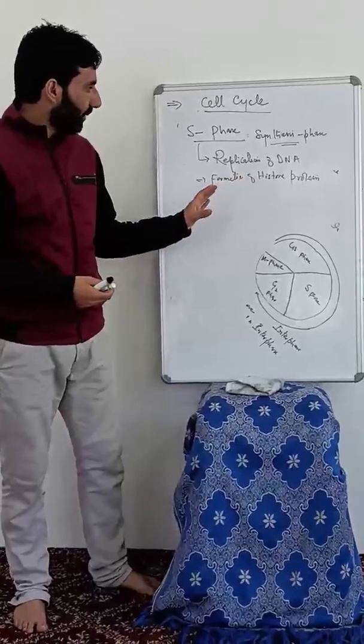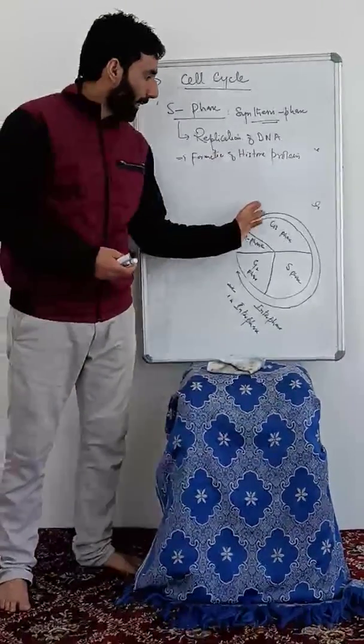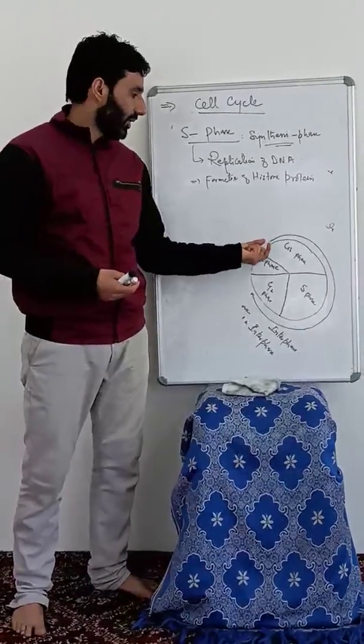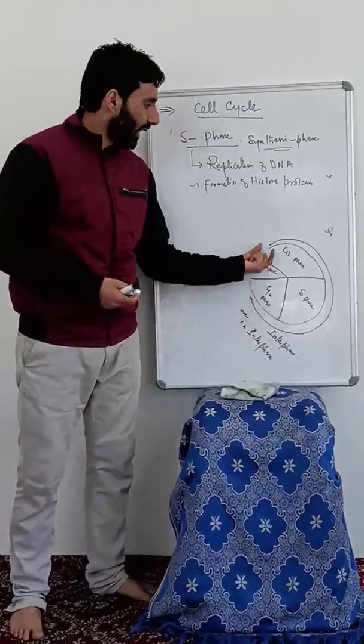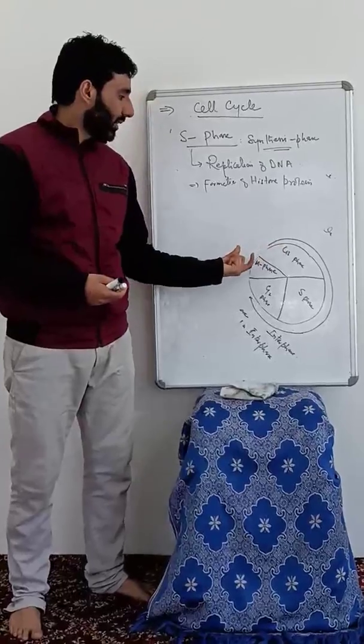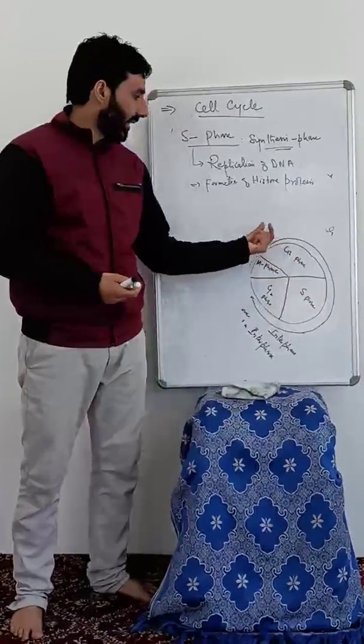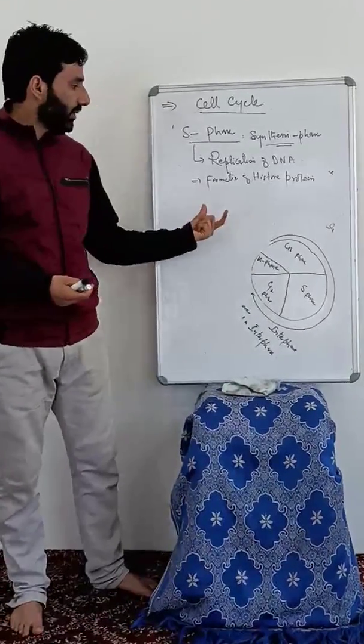So here we have studied the first phase of the cell cycle, that's interphase, which has three subphases: G1 phase, S phase, and G2 phase. G1 phase is the gap first phase. It is the time interval from the previous mitosis up to the synthetic phase, and it takes about 11 hours in human cells.